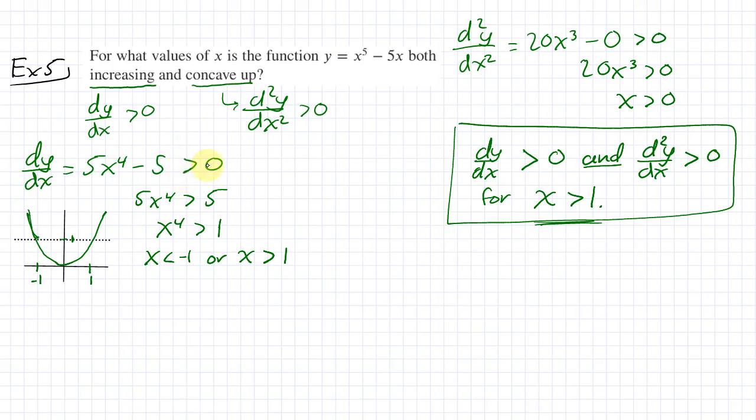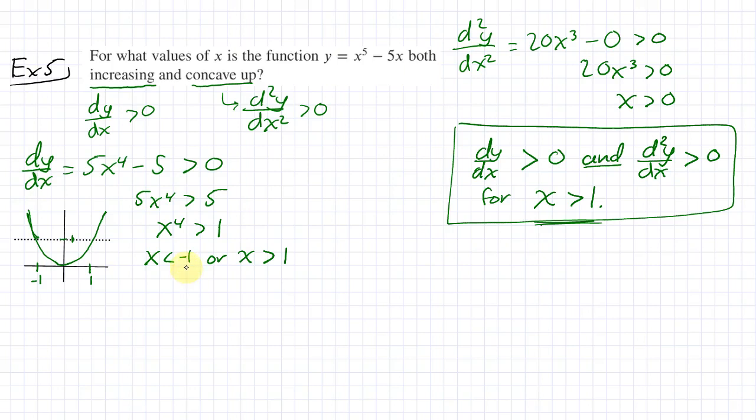And that's greater than 0 when the original function is increasing. So I just add the 5 to both sides, divided everything by 5, and x to the 4th is greater than 1. That doesn't just mean x is greater than 1, although x greater than 1 will work, because this is an even power. If x is less than -1, that will work too.